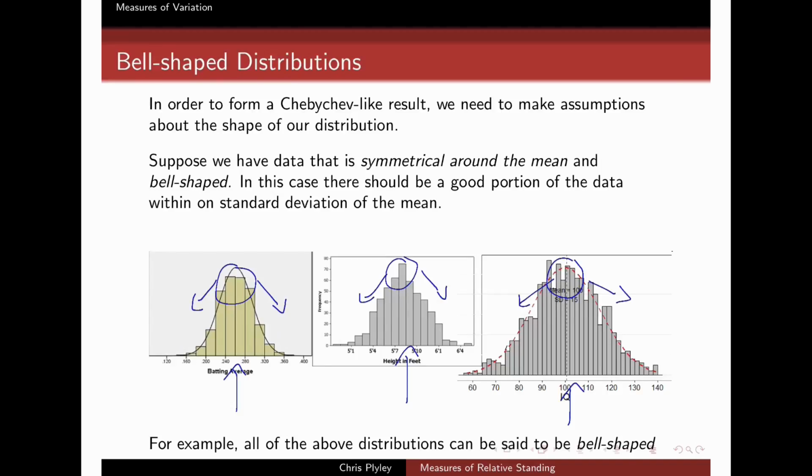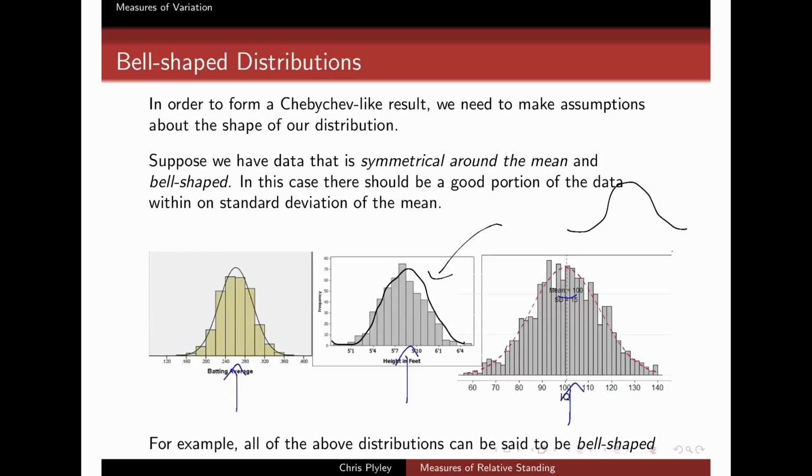And what happens when all of these things occur is that our data ends up resembling, if I take my pen and draw a smooth function to approximate these frequencies, a bell.